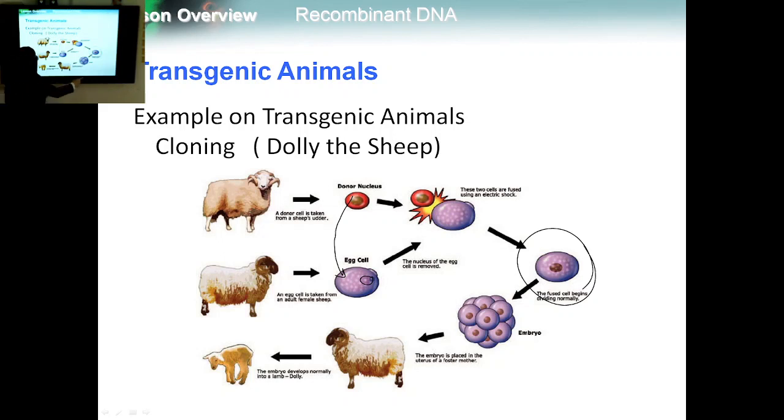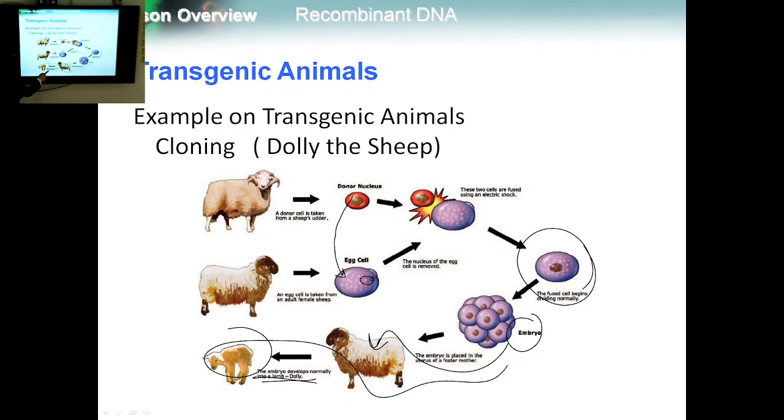And after the replication, the embryo will form, and once the embryo is formed, we will implant it in a mother, and after the delivery, the offspring will be similar to the donor cell, not the donor egg, because we removed the egg nucleus and added the donor nucleus to the egg cell.